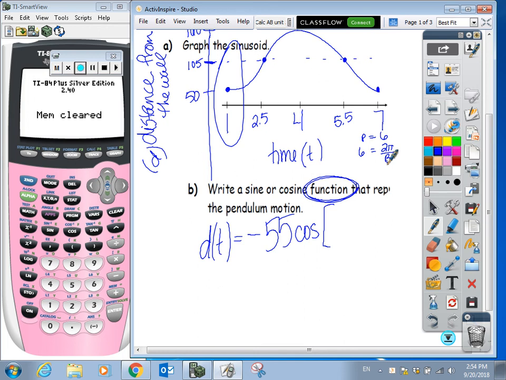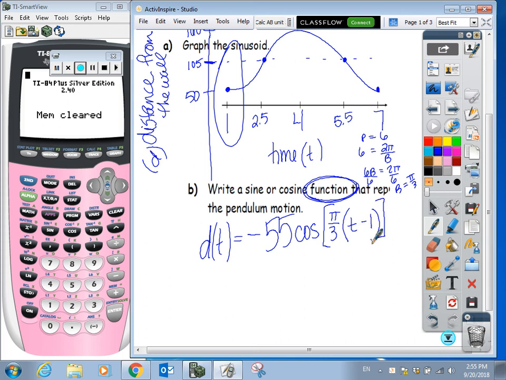So we solve for b. If we cross multiply, 6b equals 2 pi. Divide by 6. So b equals pi over 3. So that's what goes here. And then again, use the correct letter, t. I chose to start right there, so that's minus 1. Do you take a theta or y or anything?